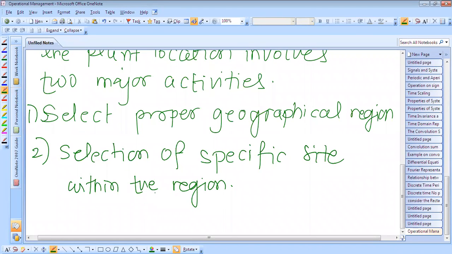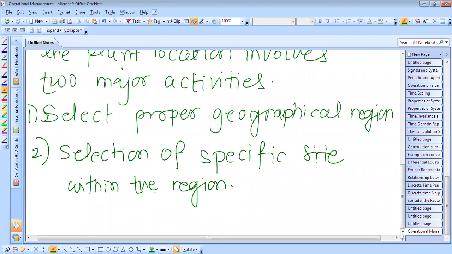The plant location plays a major role in the design of the plant. It determines the cost of getting suitable raw material. Suppose we have selected the plant very near to the market or very near to the industry, then we have to consider all the factors as far as the design of the production system is concerned.